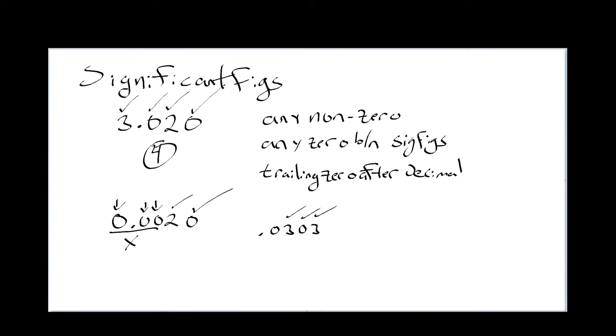Yes, yes, yes, no. So this has 2 sig figs, this has 3 sig figs. 300 has 1 sig fig. This, of course, is significant. These are trailing, but they're not after the decimal place, so they don't count as significant. So counting sig figs isn't particularly difficult.